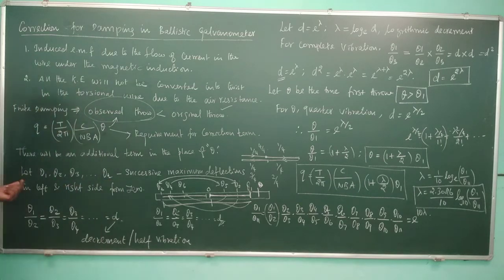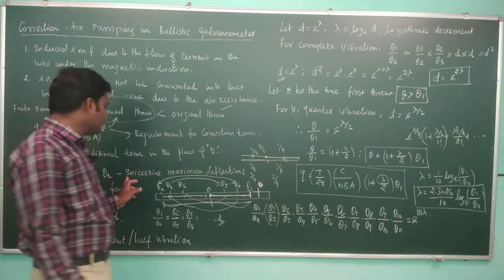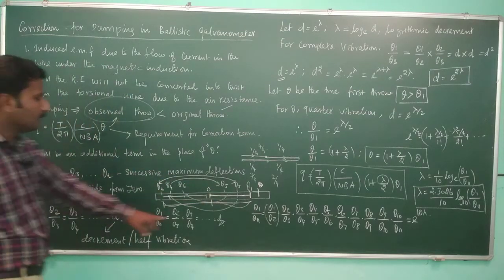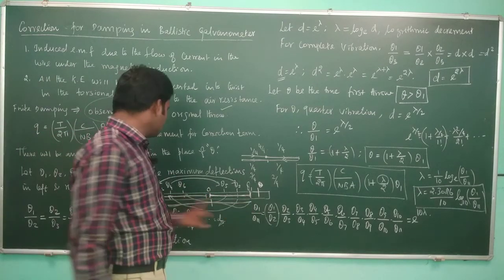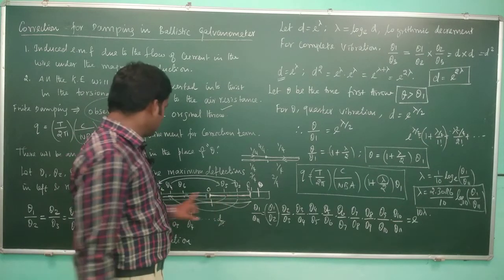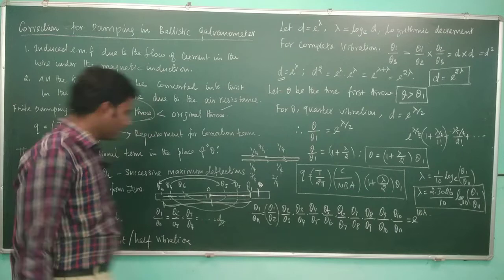For that, let θ1, θ2, θ3 and θn be the successive maximum deflections in the right and left direction from 0. That is, this is 0, this is θ1, θ2, θ3, θ4, θ5, θ6 and so on.